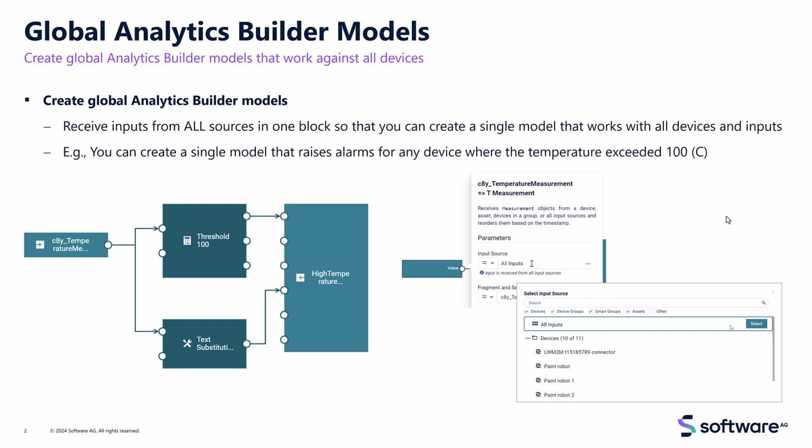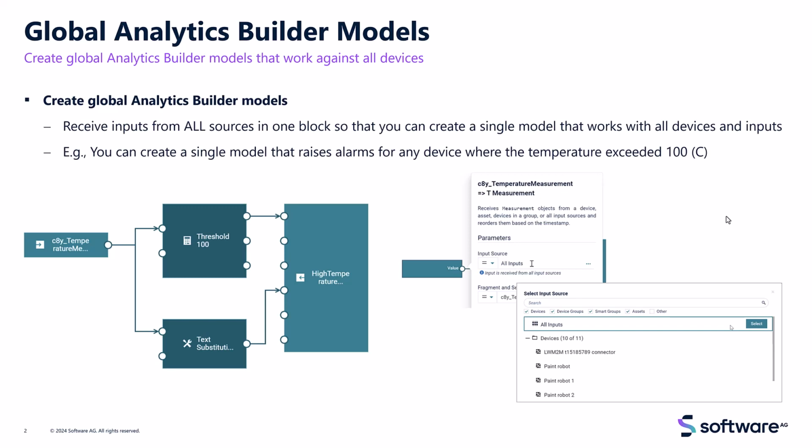First up, we've got the new ability for Analytics Builder to work with all inputs. So you can create a single model that works with all the items in the platform, all the data in the platform that can be used as inputs.